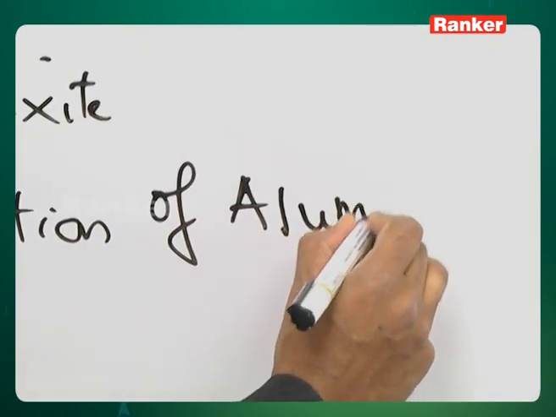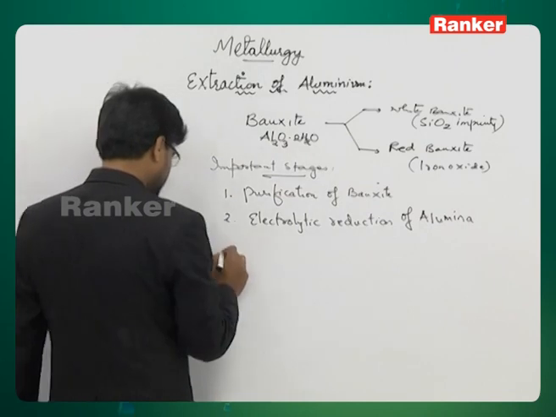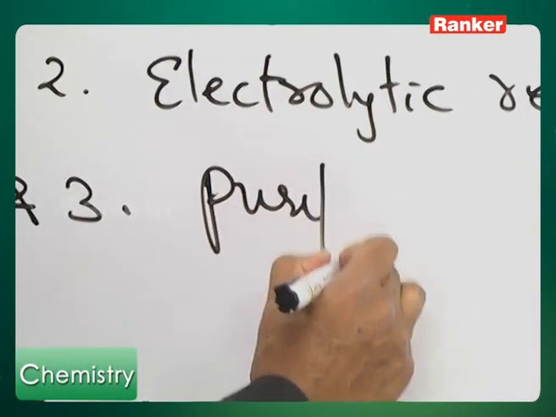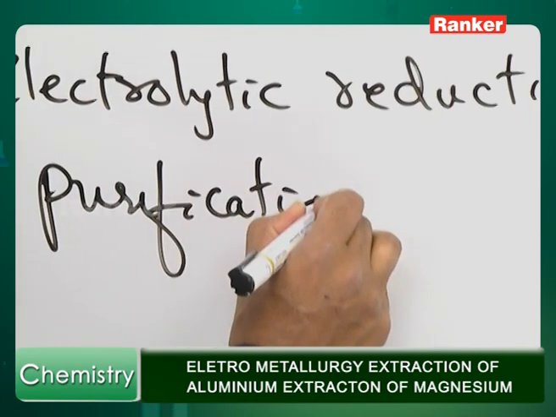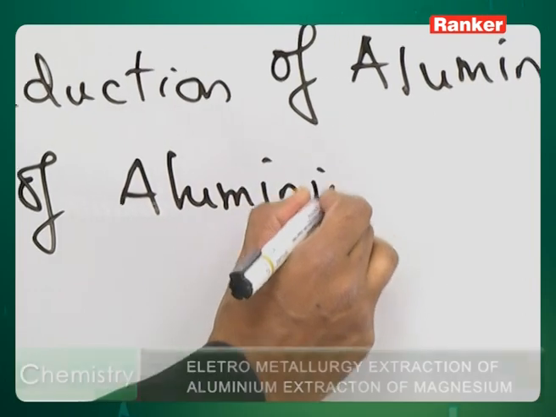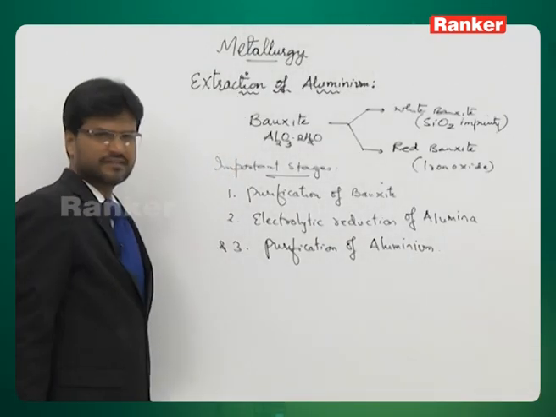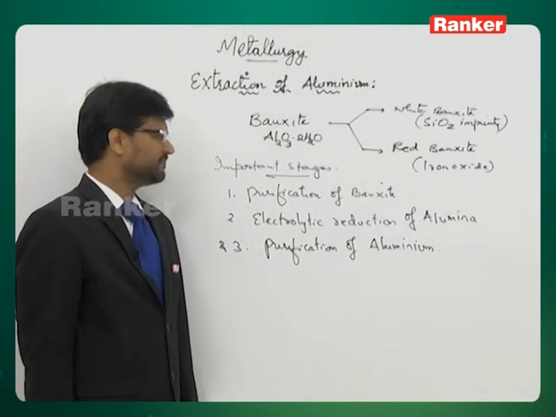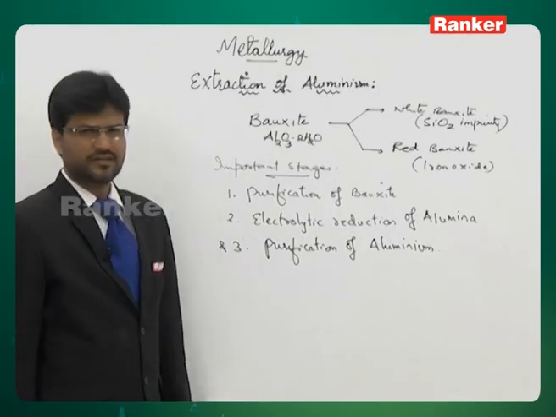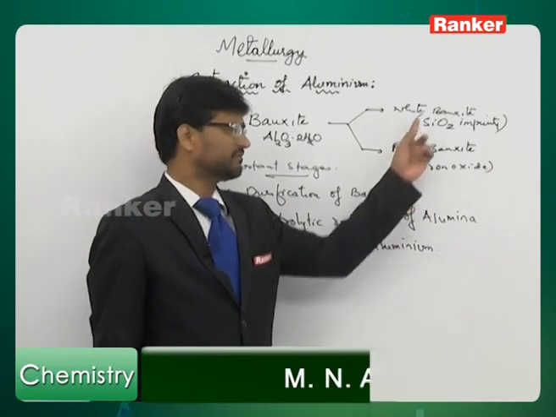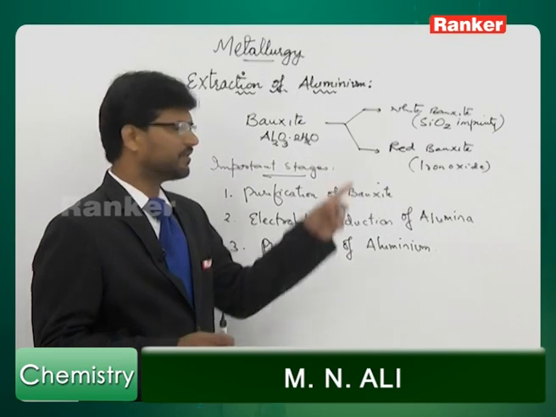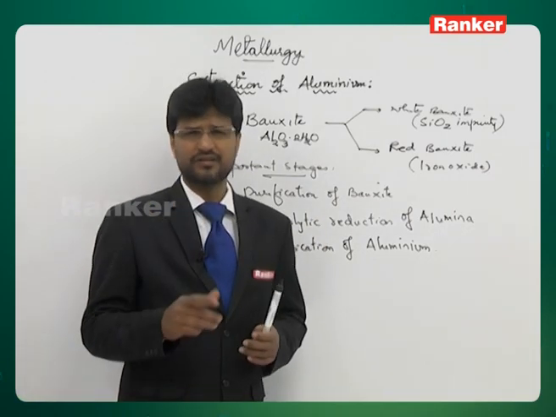And the last and final stage is purification, or refining, of aluminium. As I told you, bauxite is of two types, white and red bauxite. So the method of purification of bauxite depends upon whether the bauxite is red bauxite or white bauxite.